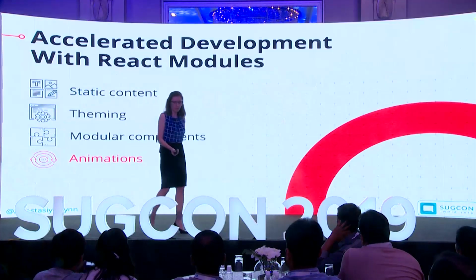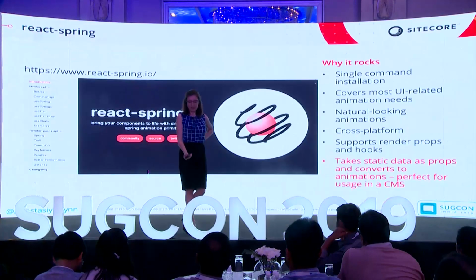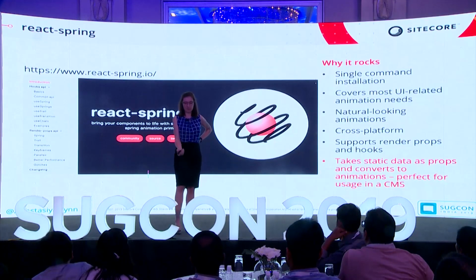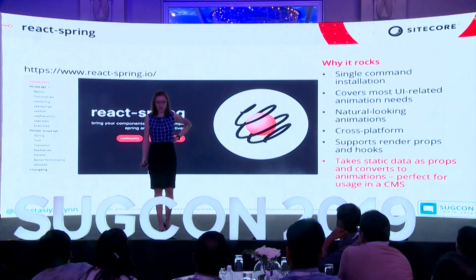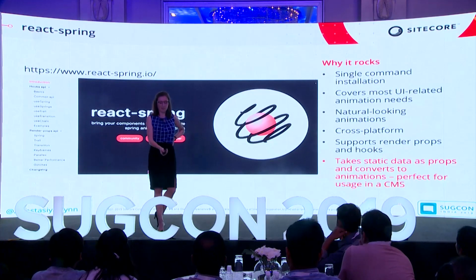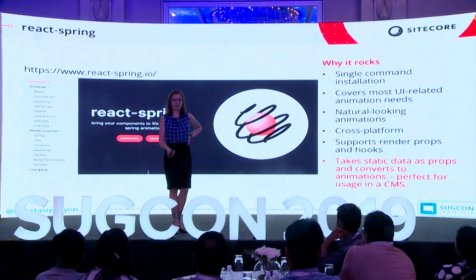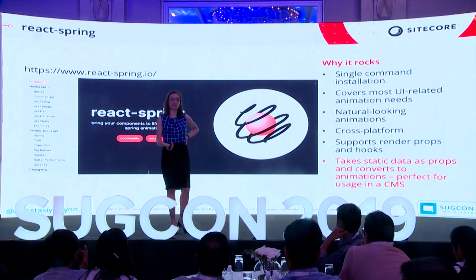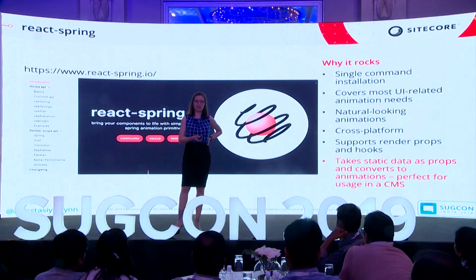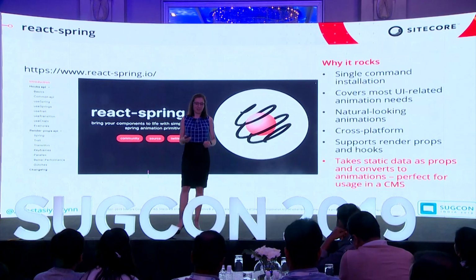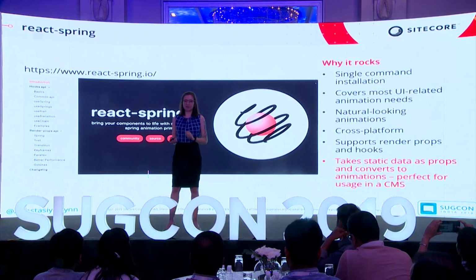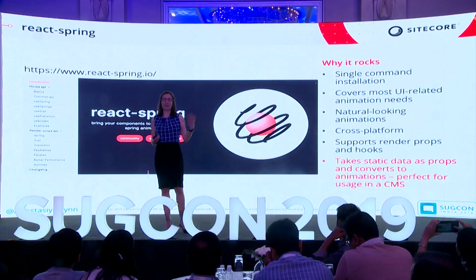All right. And the last library I'm going to talk about is React Spring for animations. It's also very easy to install, and I think this is one of the best animation libraries out there because it's very natural looking and it's very flexible, and they're very up to date on their maintenance and staying up to date with the latest React changes.